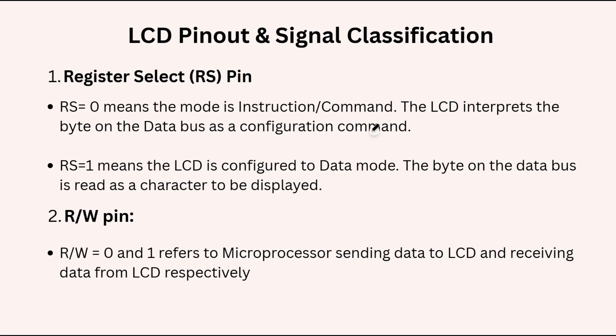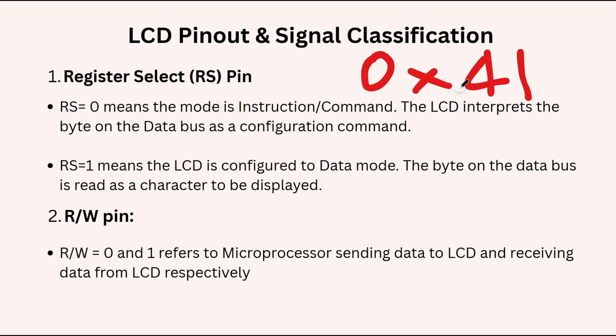And when RS is equal to 1, it means that the LCD is in data mode. The byte on the data bus is read as the ASCII code of a character to be written in the display data RAM at the current cursor position, and that character then becomes visible on the screen. For example, if I give 0x41, which is the ASCII code for A, then the LCD will display the letter A. This has to be converted into hexadecimal, of course.